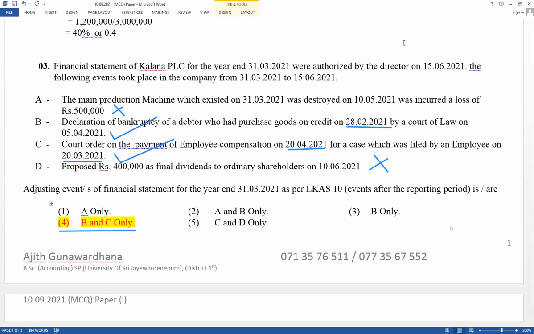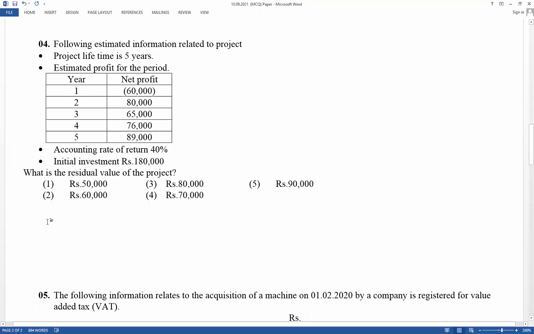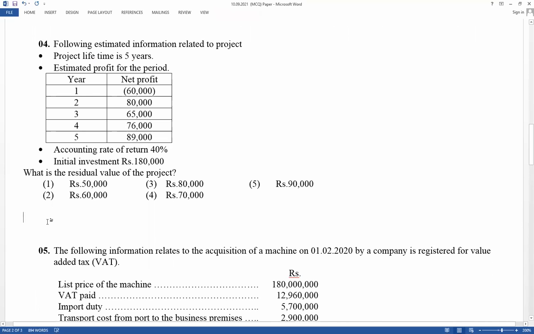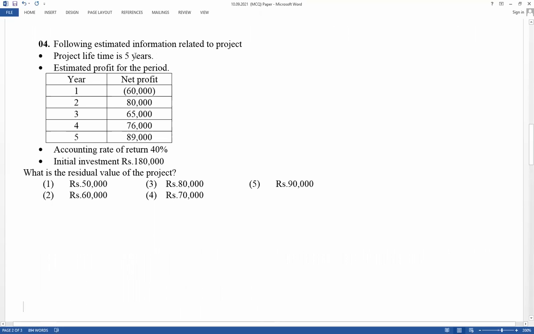Next one, question number fourth. Relevant for the project evaluation part, this example is also very important. It has given the following information related to projects. Project lifetime it has given 5 years.